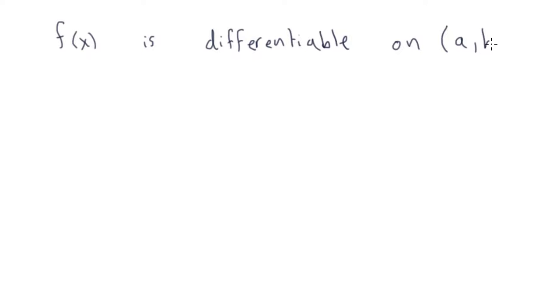Okay, so for the rest of this lecture, we are going to assume that our function f of x is differentiable on some open interval a to b. And we're going to be talking about the behavior of the function on (a, b) based on the sign of the derivative of f of x.